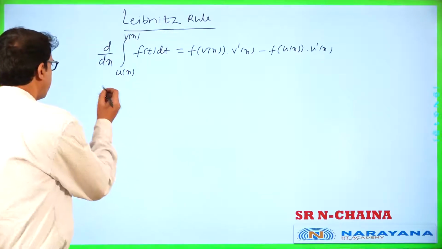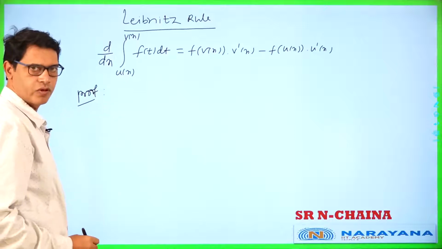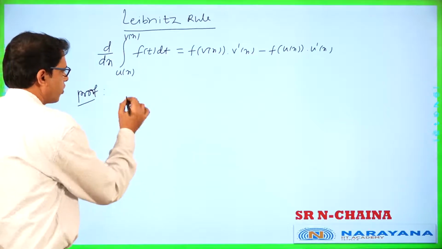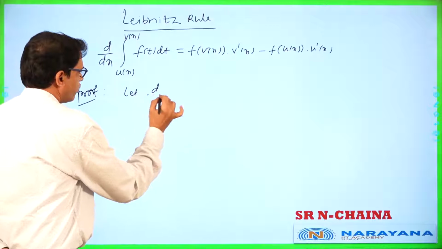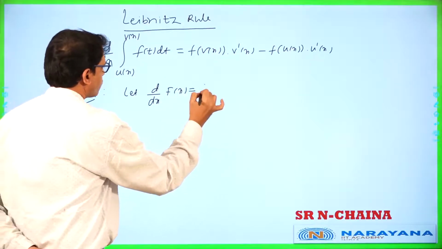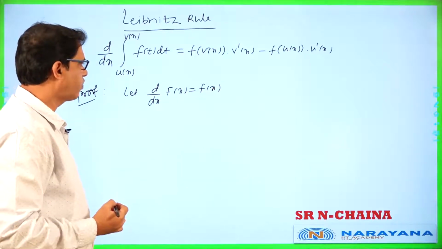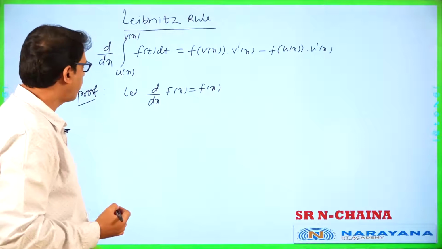Now the derivation of this one. Here, d by dx of capital F of x equals small f of x. Now we have to derive this.